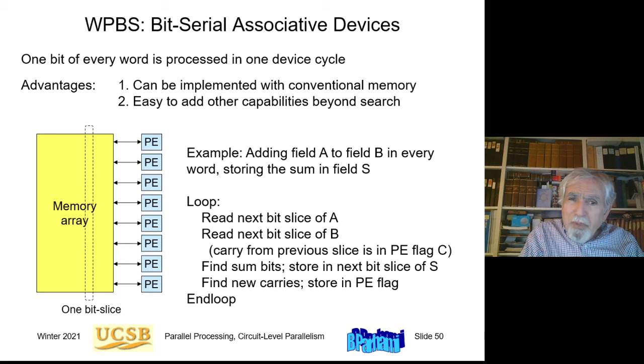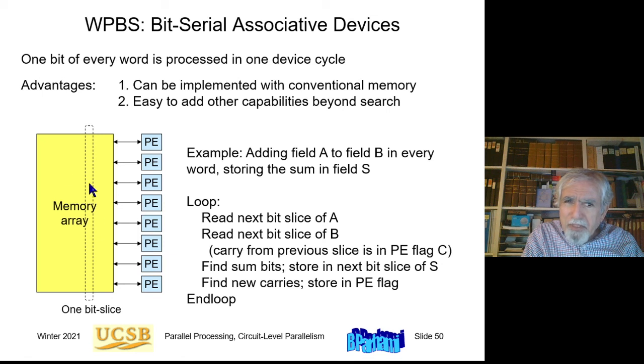Okay, so an example of what these simple processors can do: suppose there is a field A within each word, and a field B, and a field S. So I want to take the number in field A, add it to the number in field B, and store the result in field S. How do I do this? Well, I read the next bit slice of A, initially the 0th bit, into the processing element.